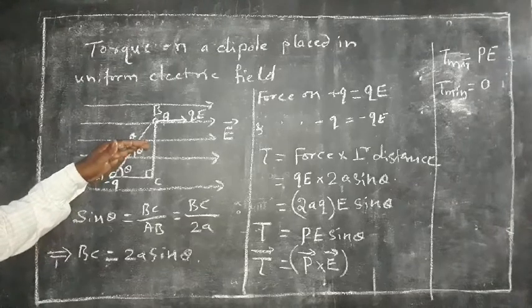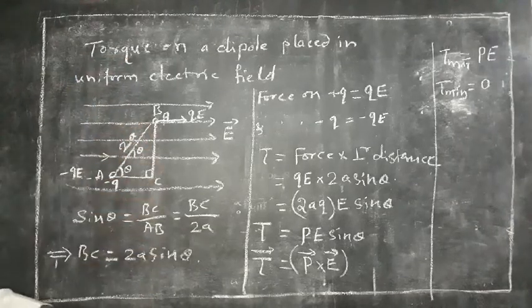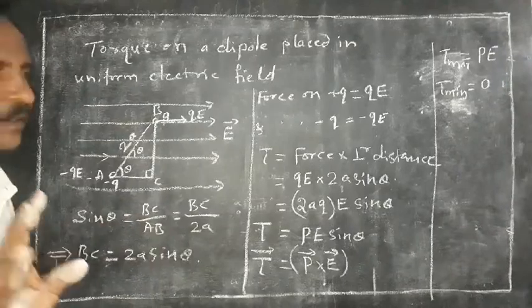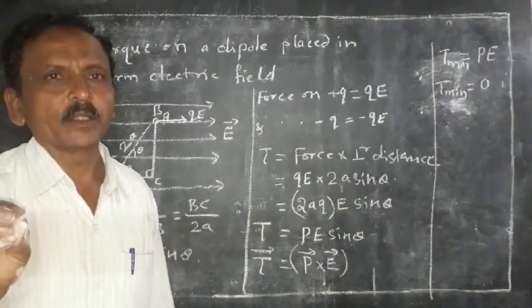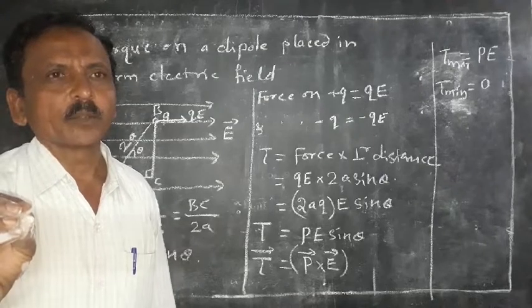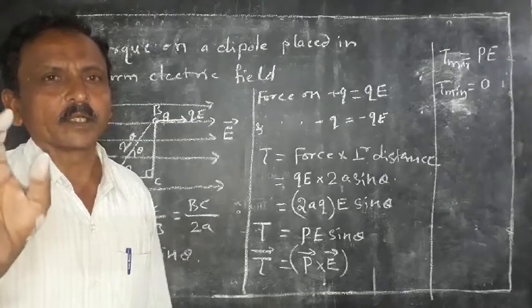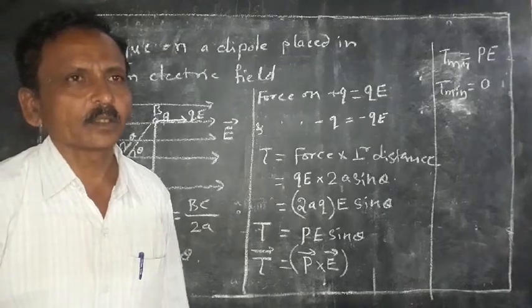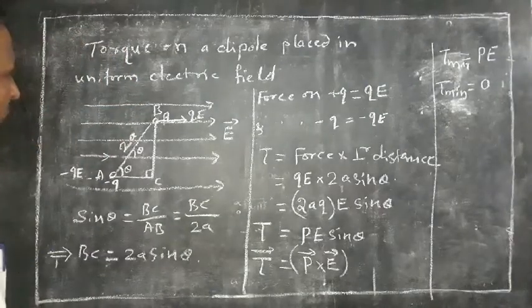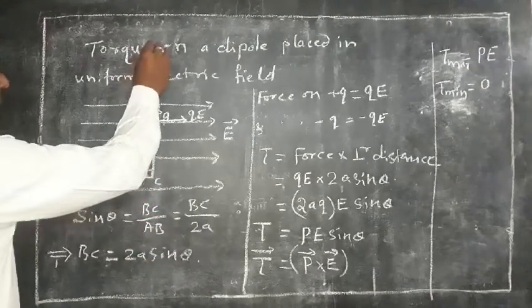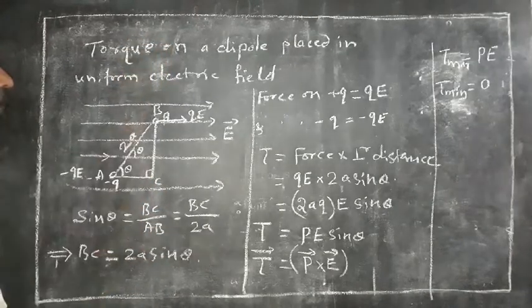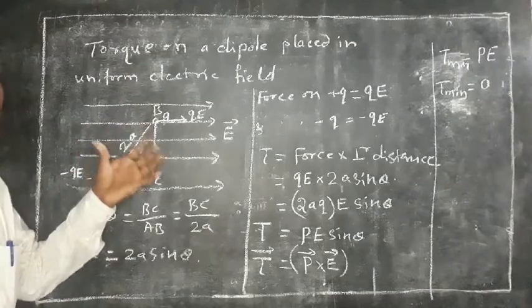Possible questions from this session: for 5 marks, obtain an expression for electric field at a point due to a dipole on the equatorial line. For 3 marks, obtain an expression for torque acting on a dipole in a uniform electric field.